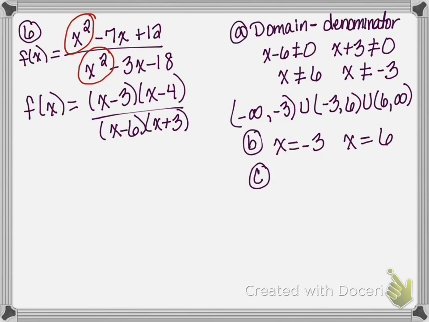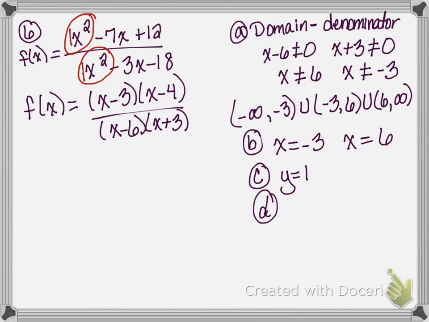What's the degree of my denominator? So when those are the same, what is my horizontal asymptote? It's 1 because of this situation. Okay, the ratio of the coefficients is 1 over 1. So it is y equals 1. Correct.